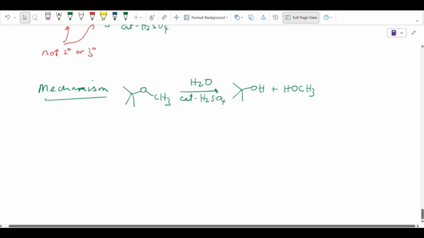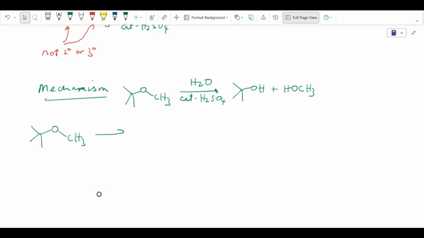Why? Since this reaction is taking place under acidic conditions, the first step is going to be protonation. You must start with protonation. So we treat this ether with the catalytic acid.